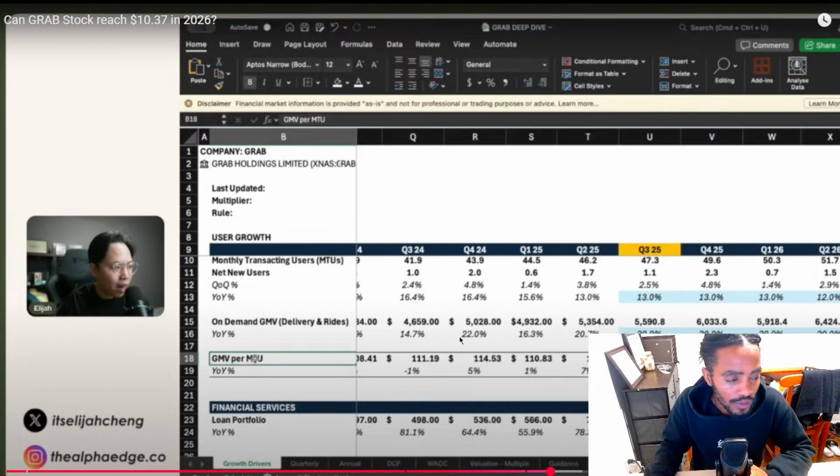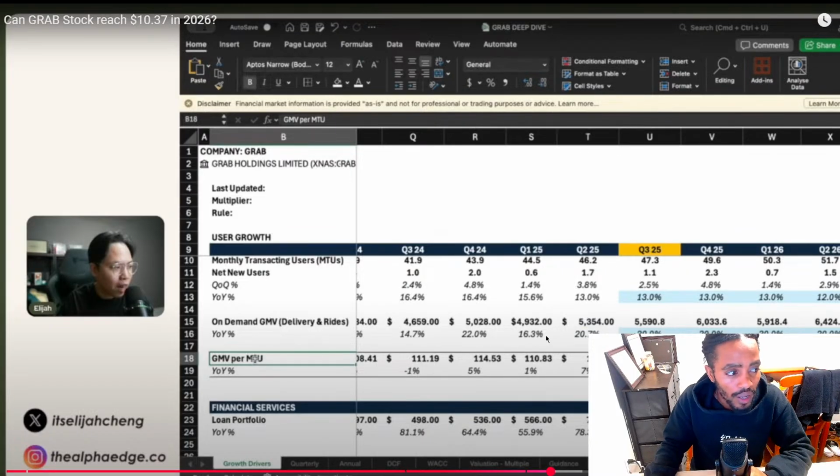I just gotta say those are pretty good numbers there. These are obviously 2024 quarter-over-quarter numbers going into 2025. Their on-demand GMV, like delivering rides, is growing at about 20% over the last couple of quarters. Those are not bad numbers, especially now.